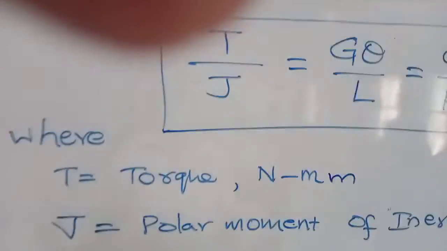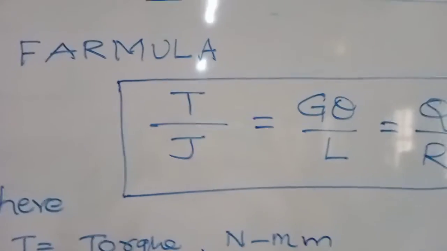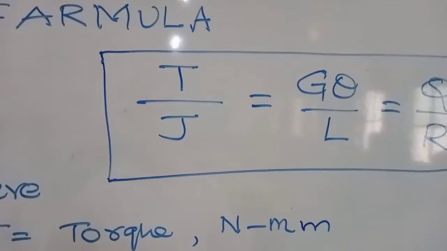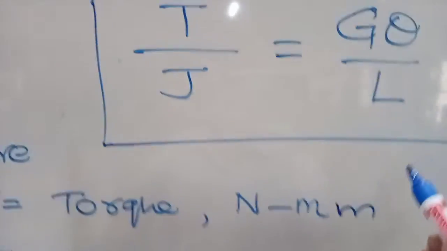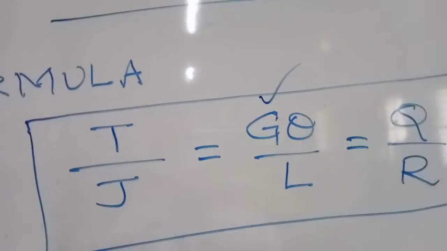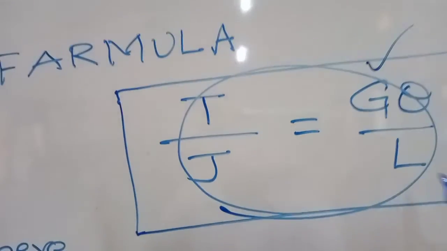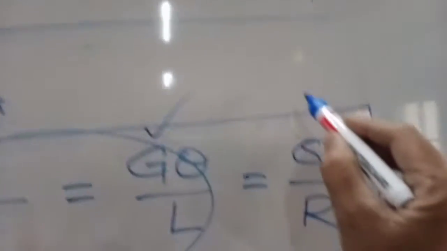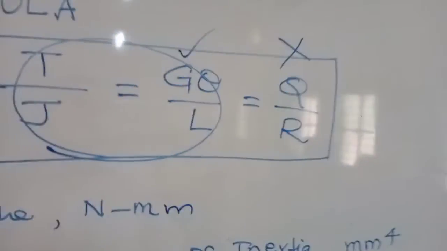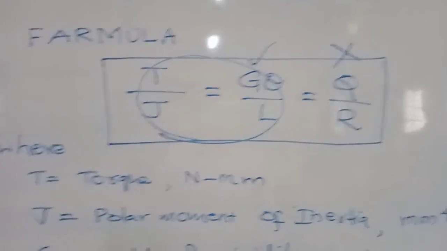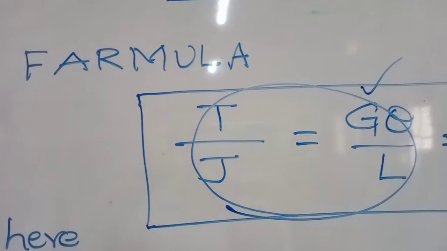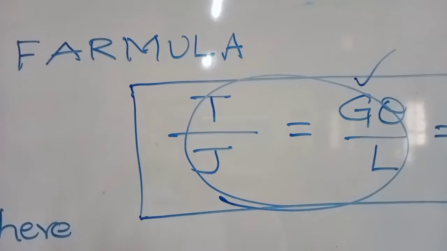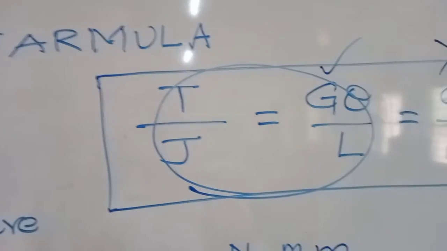Here, in the formula, our aim is to find the modulus of rigidity G. So I am taking only this part of the formula. I am not considering this part, as it is not required at this moment. If we know the torque in the torsion testing machine, J is the polar moment of inertia, with value pi d to the power of 4 by 32.